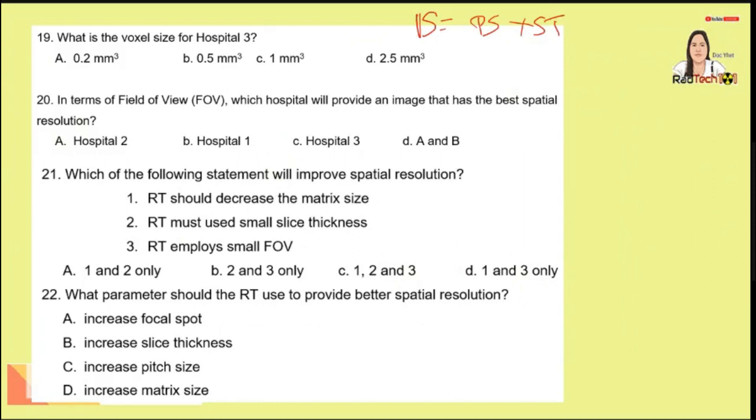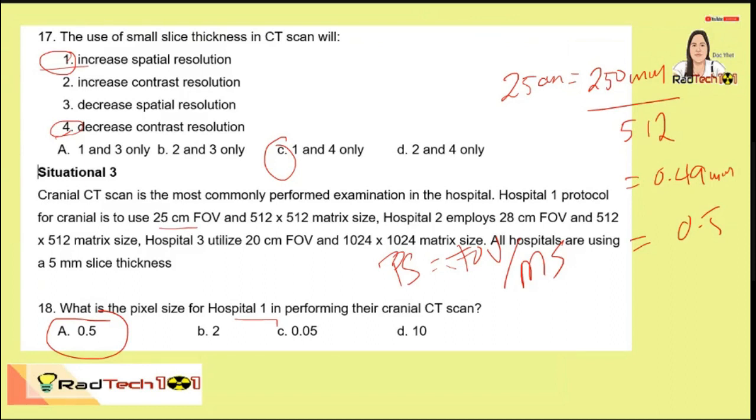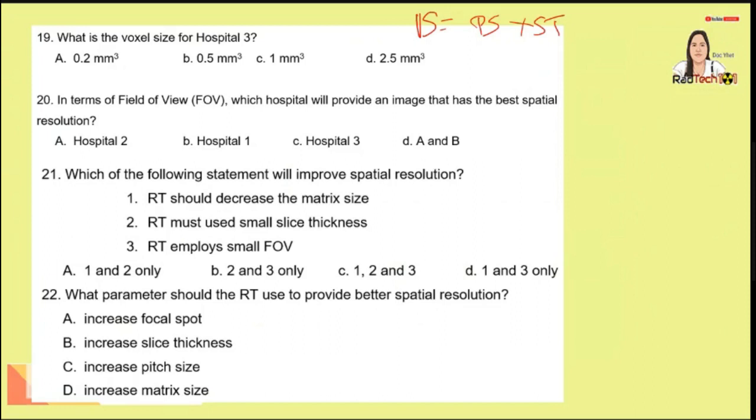Okay? So in Hospital 3, the given is FOV of 20 centimeters and the matrix size is 1024 by 1024. So again, 20 cm FOV, matrix size is 1024 by 1024.